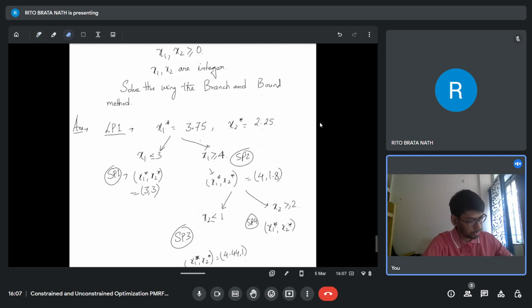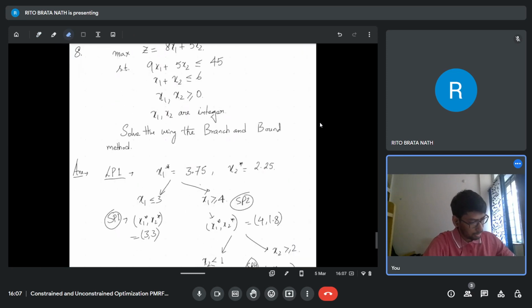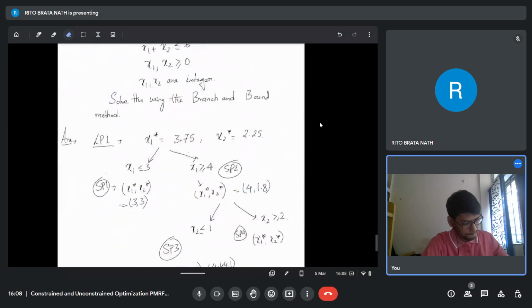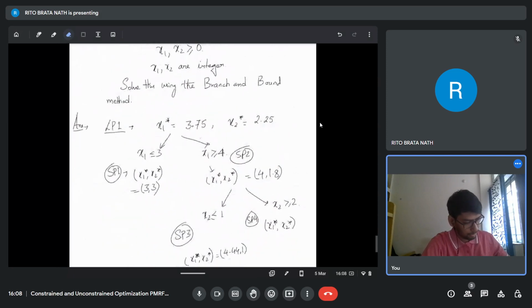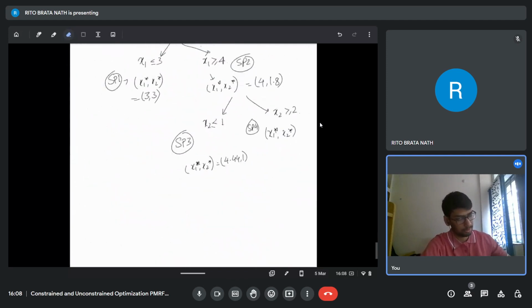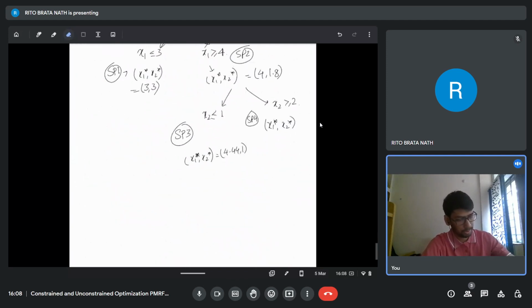If you put x2 greater than equals 2, there is no feasible solution because your x1 is now 4, right? It's minimum 4, so you have two contradictory constraints, so there's no feasible solution.